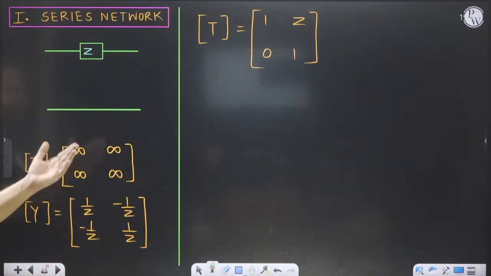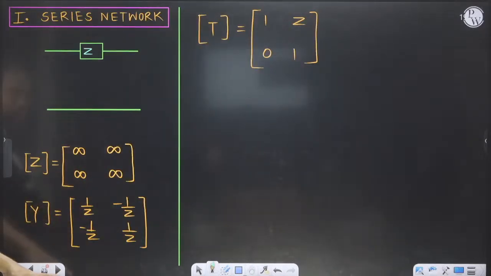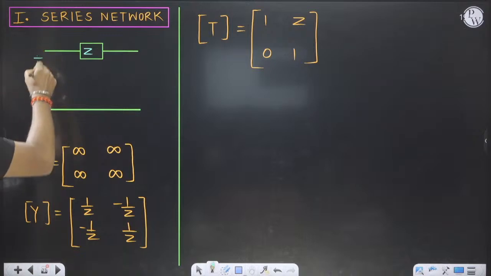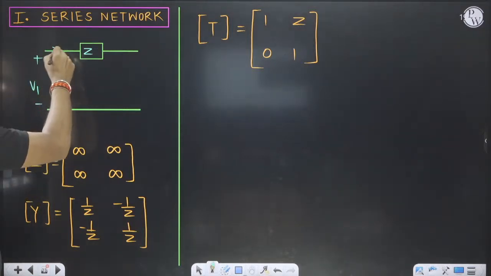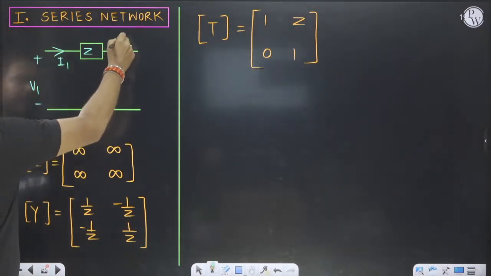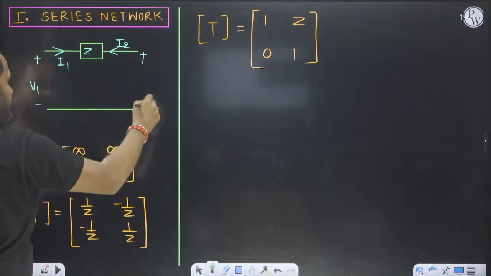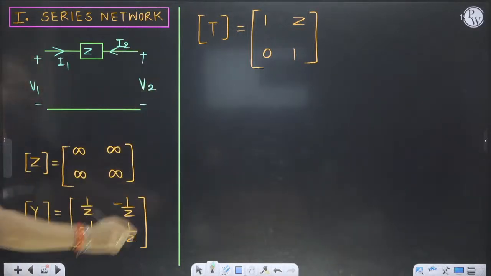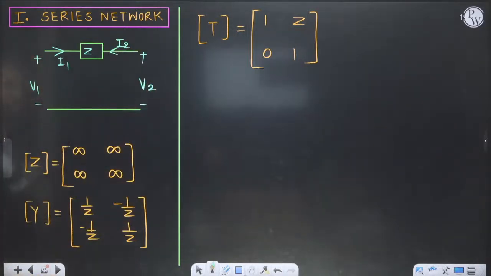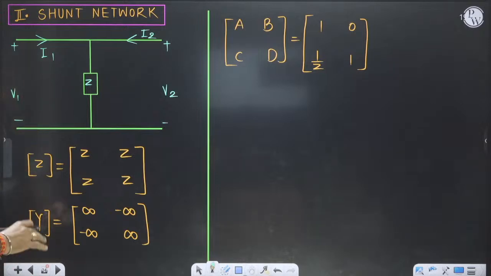This one I have derived in class. So in lecture 5, I have derived this formula in all parameters: Z parameter, Y parameter and ABCD parameter.